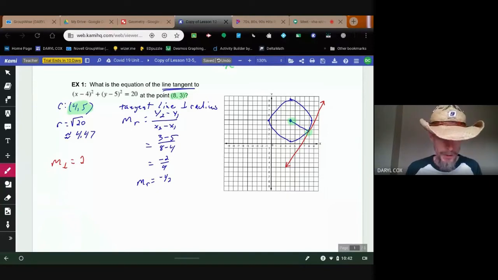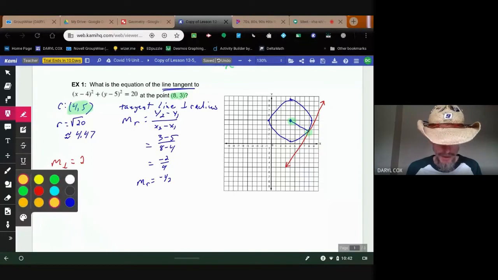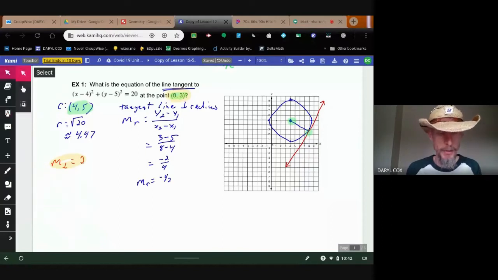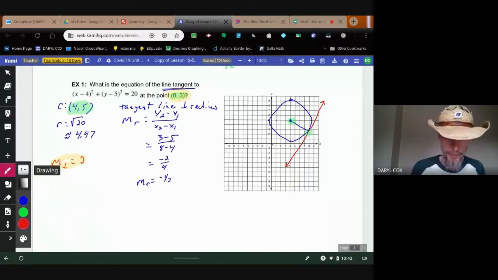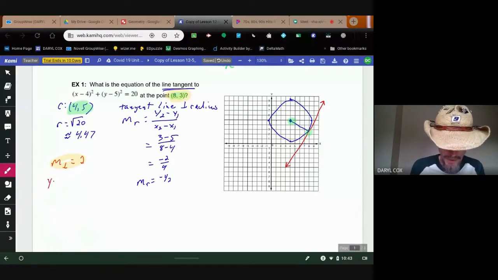Okay, what else do I have for the red line? Well, I'm going to go back to my highlighters here. I've got a slope and I've got a point. So since I've got a slope and a point, maybe I'll use the point-slope form of the line: y minus y1 equals m times x minus x1.